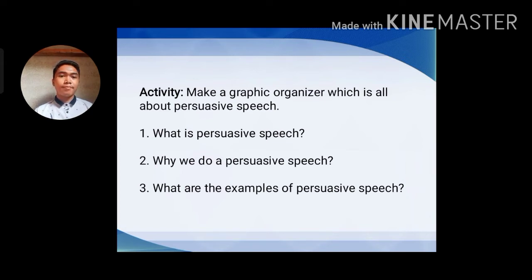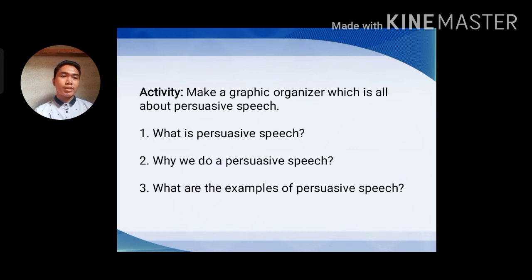Okay, time is up. Group 1, please come in front and explain your graphic organizer. Okay, very good. Now let's proceed to group 2.